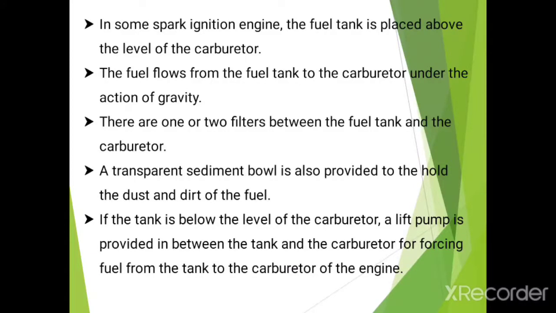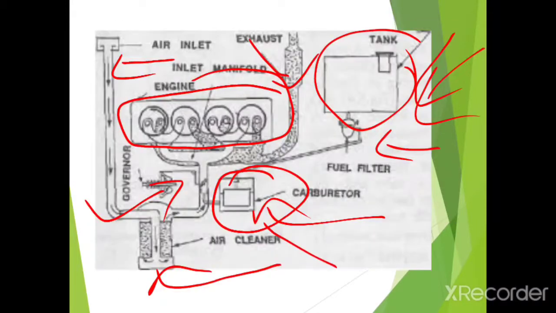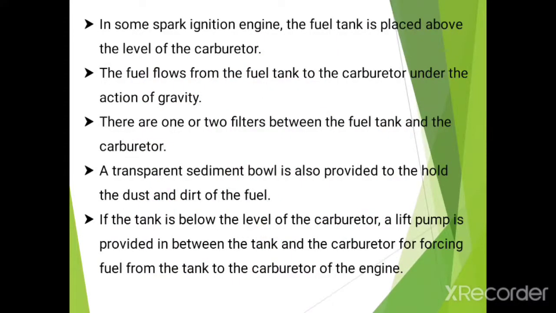Between the carburetor and fuel tank there may be one or two fuel filters for the removal of dirt or abrasive material from the fuel. Then a transparent sediment bowl is also provided to hold the dust and dirt of the fuel.